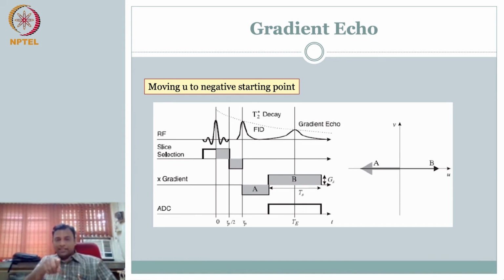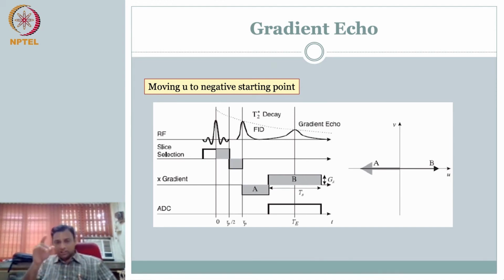Whereas here the echo is coming because I am changing the magnetic field, not because of spin-spin interaction. Remember, your T2 star was due to change in magnetic field. Your T2 is due to spin-spin interaction. So here I am deliberately changing the magnetic field so that I make it in phase.